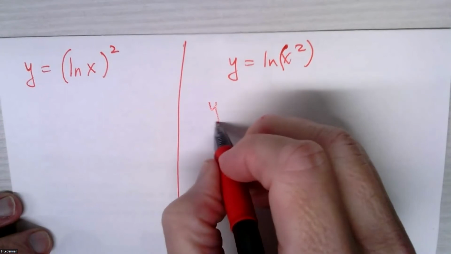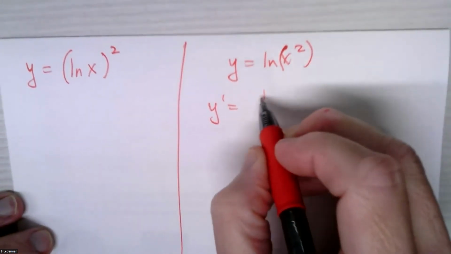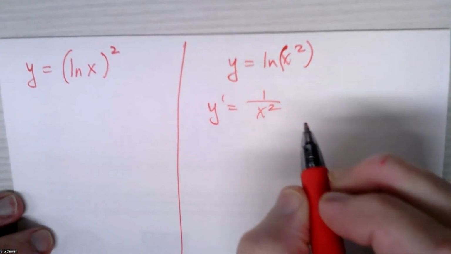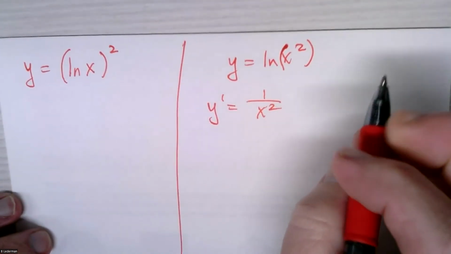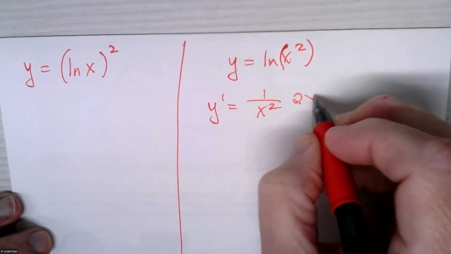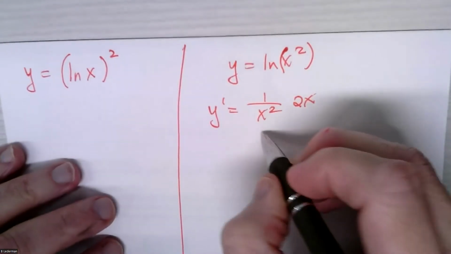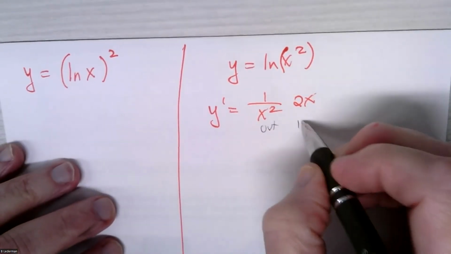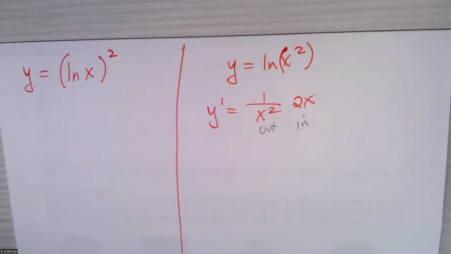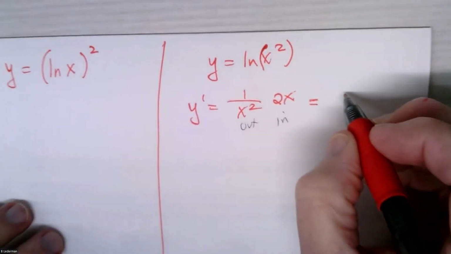So y prime is going to be the outer derivative, which is 1 over x squared, times the inner derivative, which is 2x. So again, that's my outer, that's my inner. But this actually reduces to 2 over x.